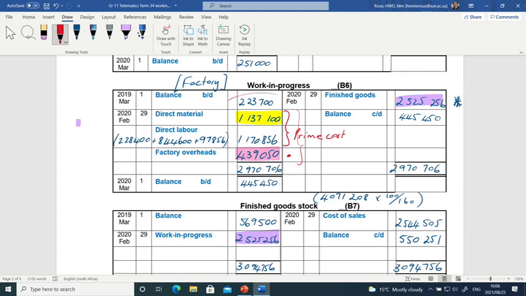Then we add semi-finished goods at the beginning, we subtract the finished goods at the end, those things that are not finished yet, and what do we have? We have the cost of production of finished goods. And this is what we are trying to calculate. This is what we are going to calculate in the production cost statement next year.